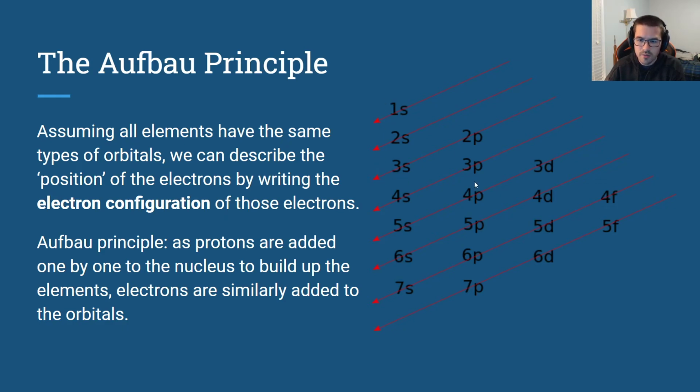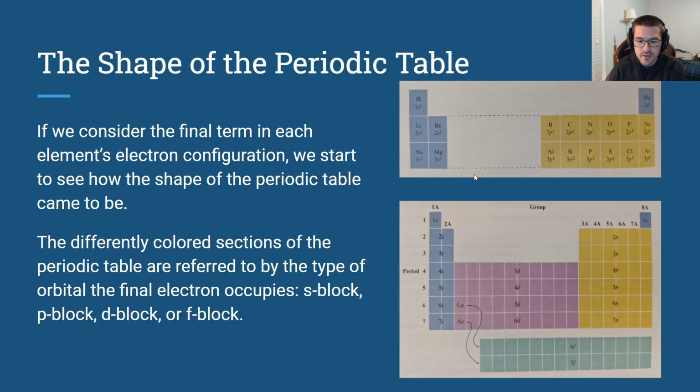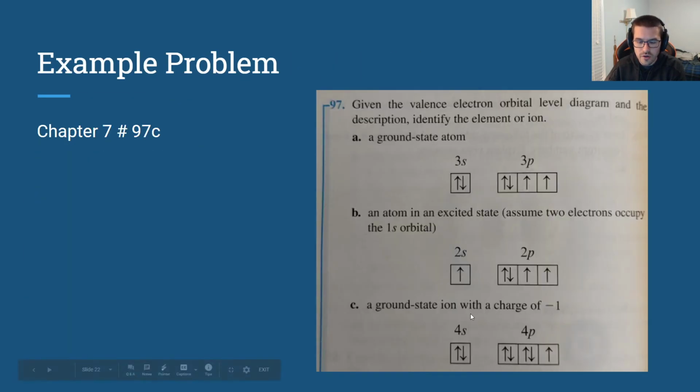So let's add up the total number of electrons here. 2, 4, 6, plus another 6, plus another 6. So that would be 12 and 18. So there's 18 electrons that are not written here, but assumed to be there. Well then this is 19 and 20, 21, 22, 23, 24, 25.